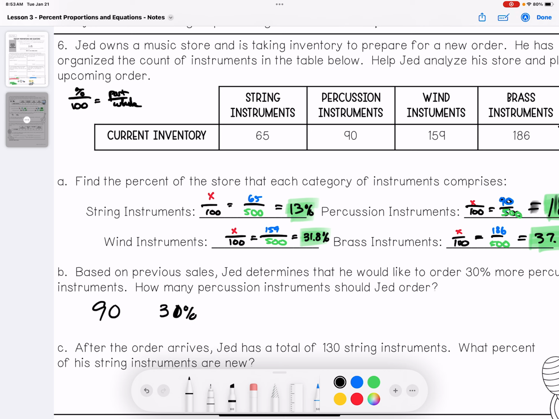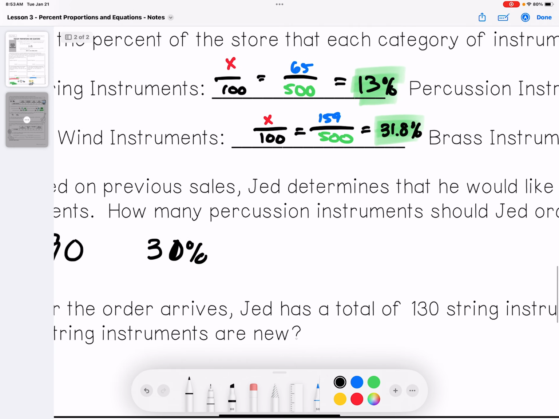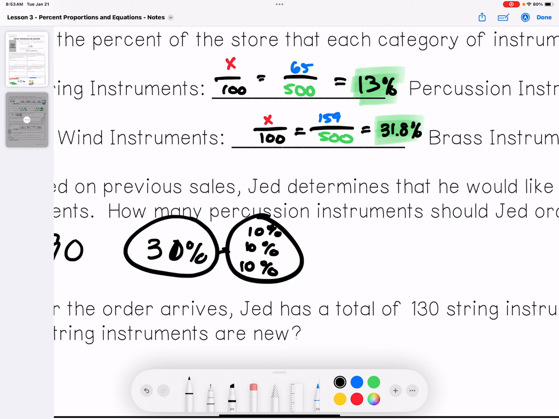First of all, we can break 30% down to 10%. How many 10%s is 30%? It is three 10%s. Do y'all agree with that? The 10% is just the broken down version. So what is 10% of 90?